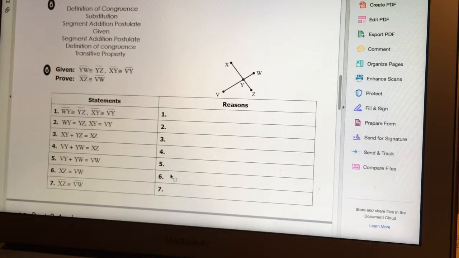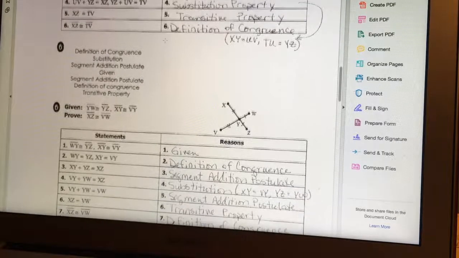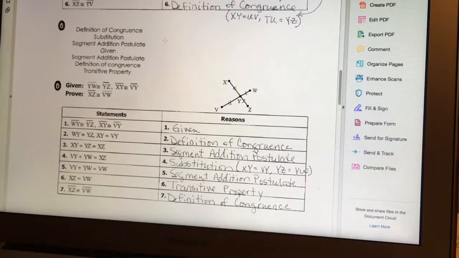So number 6 should be transitive property. And the last thing, from number 6 to number 7, when we go from an equal sign back to a congruent symbol, is the definition of congruence. So that's what brings us to the end of number 6.